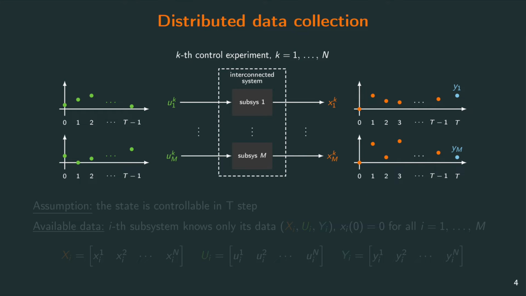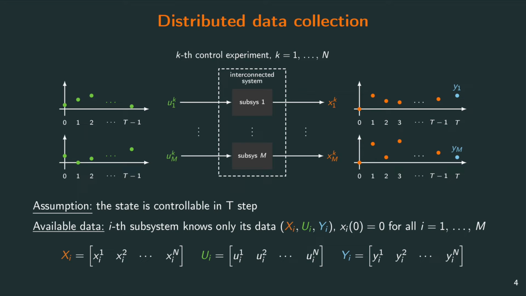Another important aspect is how data is collected. In this framework, we run a total of capital N experiments, each of length T. These experiments, of course, involve the full dynamics of the interconnected systems, but we allow each subsystem to gather only data that refers to itself.